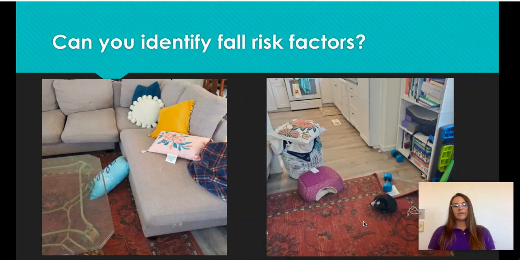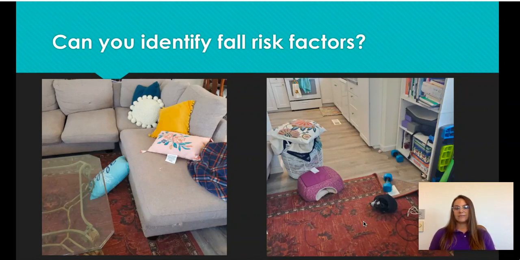Okay, so for the first picture with the couch, if you identified the pillow on the floor, the glass table is too close to the couch, and the pillows could be put away because they're scattered all over, you are correct.